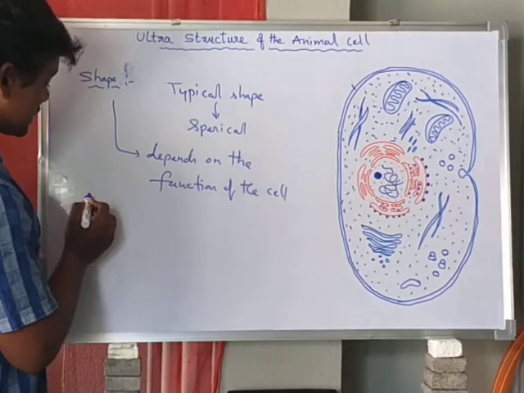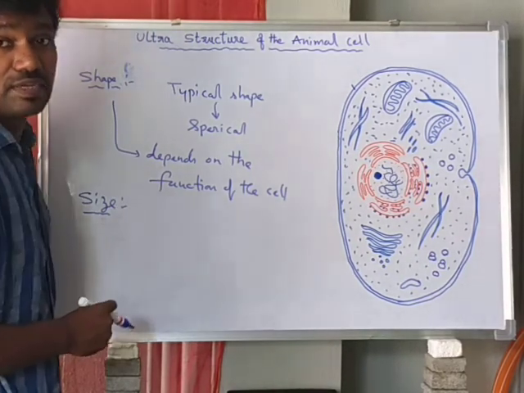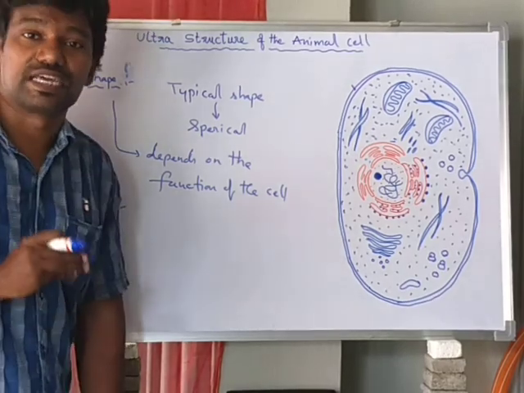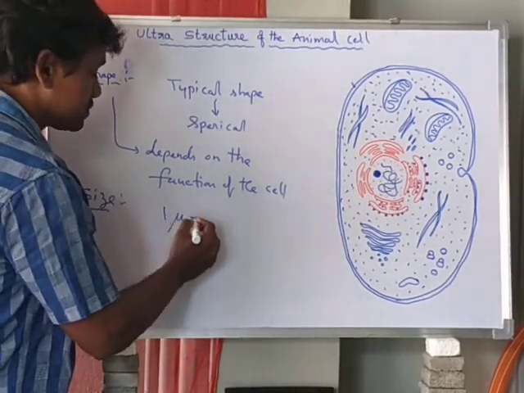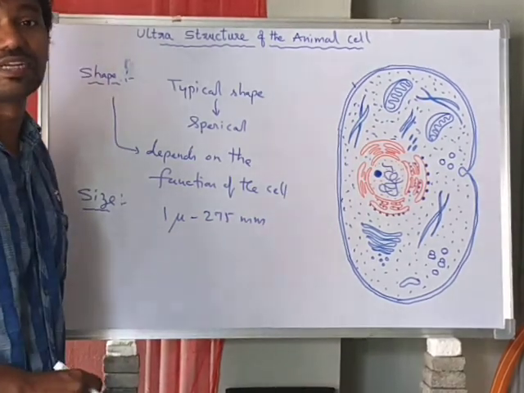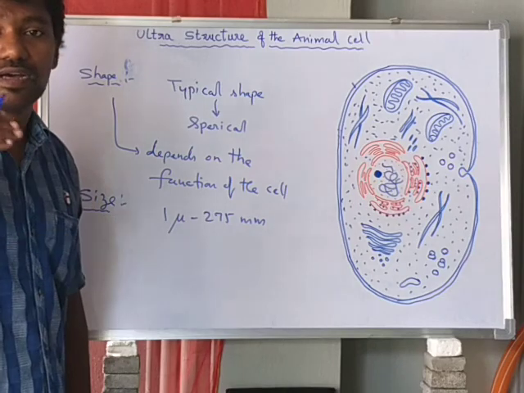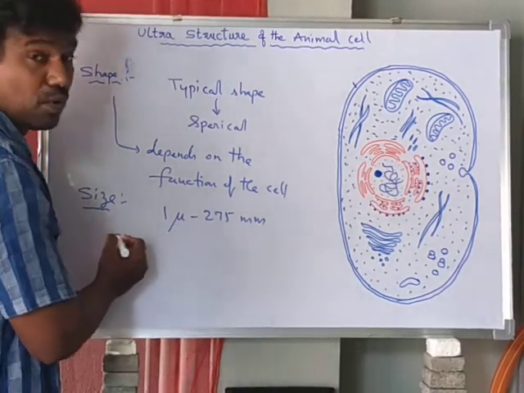Now we know the size of the cell. In animal cells the size varies, from 1 micron to 275 millimeters. So there are different sizes in an animal cell. What is the smallest cell?